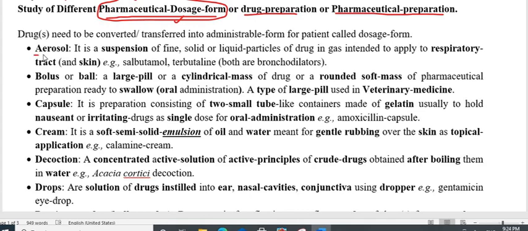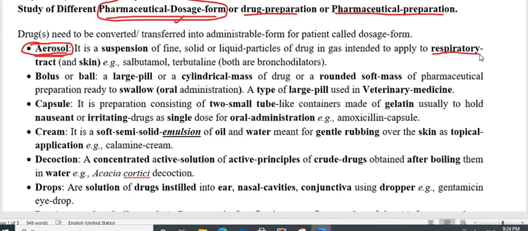So aerosol is clear cut indicating is preparation that is concerned to air. So within the body of a patient, the air is concerned to the respiratory system.